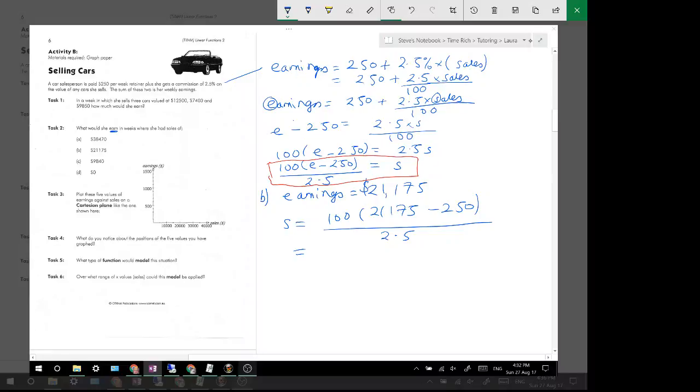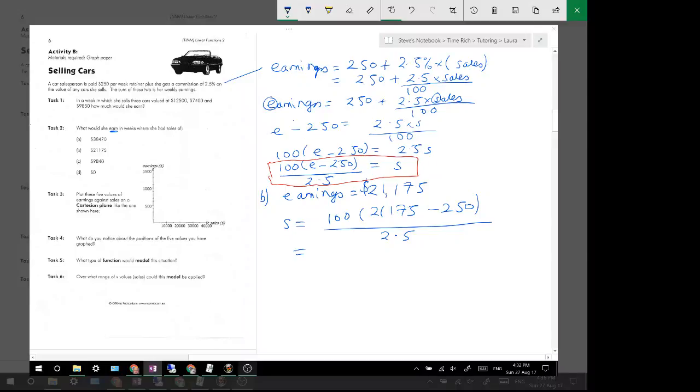Actually, what I thought I could do is, no, can't do that. Sorry, 21175 minus 250 is 20,925, multiplied by 100 is that, divided by 2.5. Does that look right?